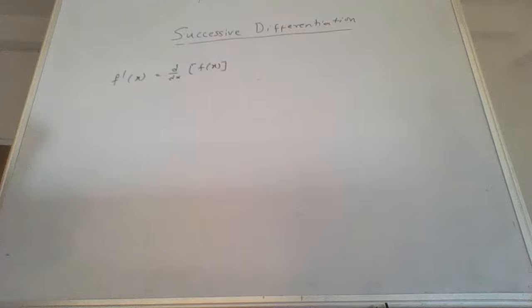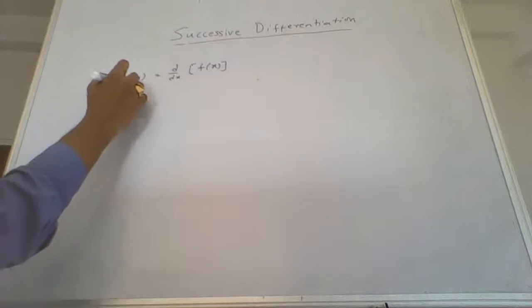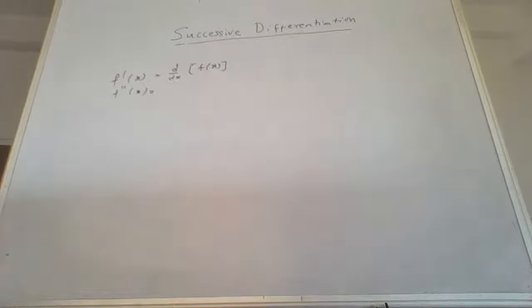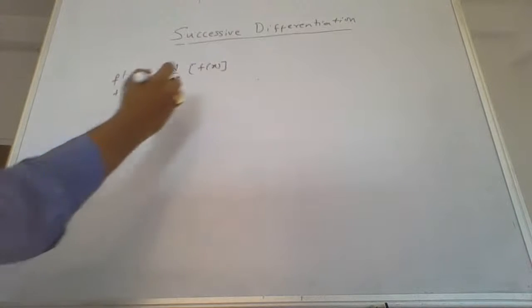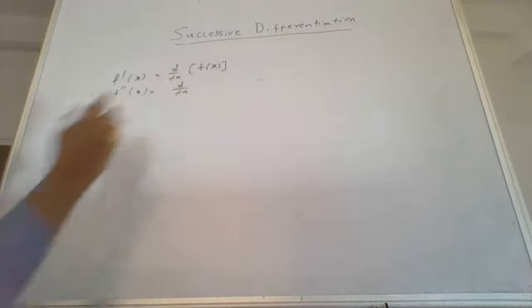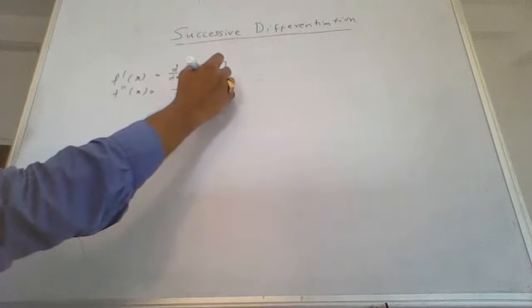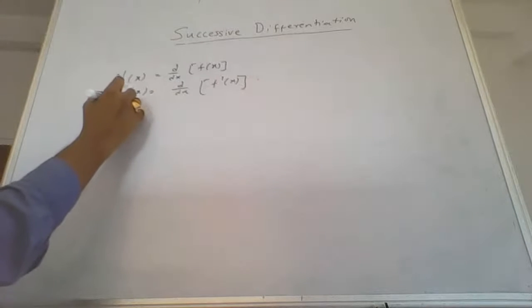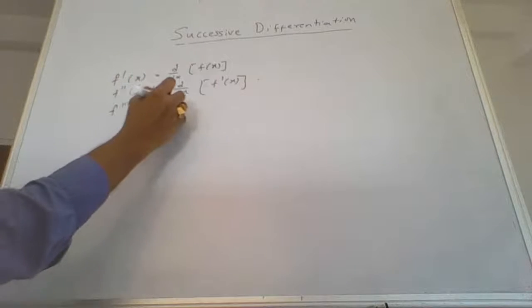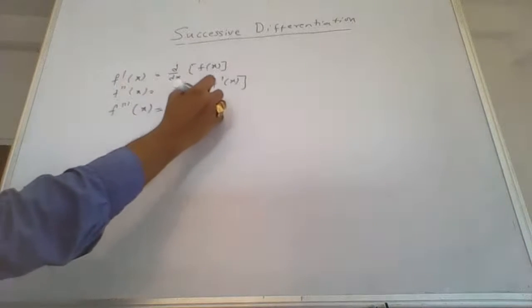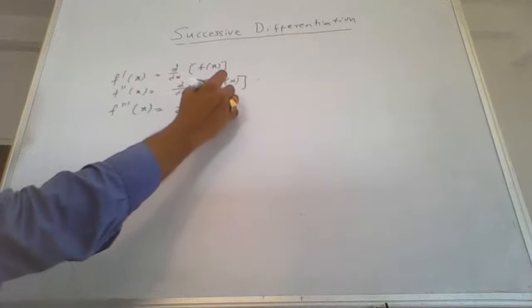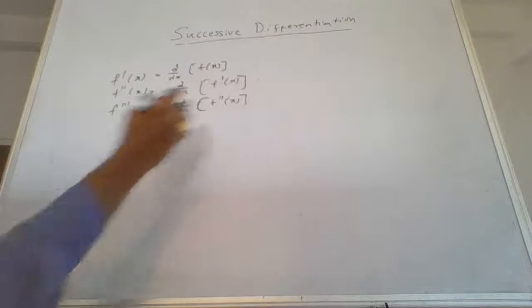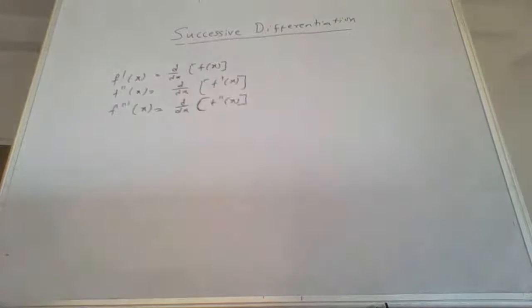And f double dash of x is again the differentiation of this with respect to x. f triple dash of x will be again d by dx of f double dash of x, and so on.